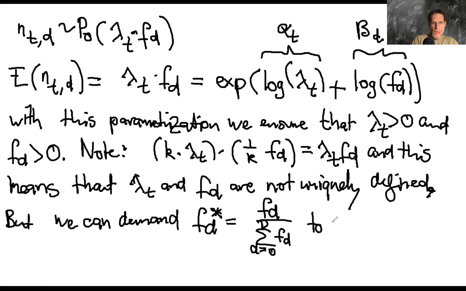This has one advantage: first of all, we fixed the parameterization in some sense, so this is not possible anymore. We would still have that it's positive, but fd star is not only bigger than 0, it will also be smaller or equal to 1, which is our demand, because it's supposed to be a probability mass function, right?